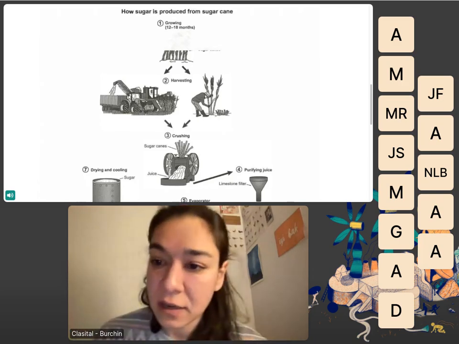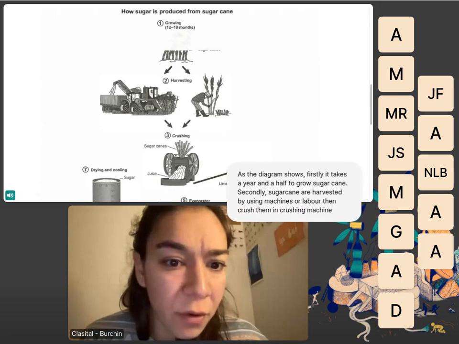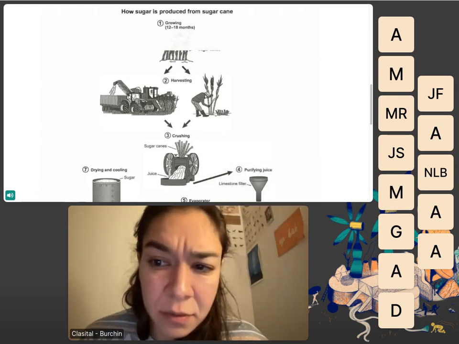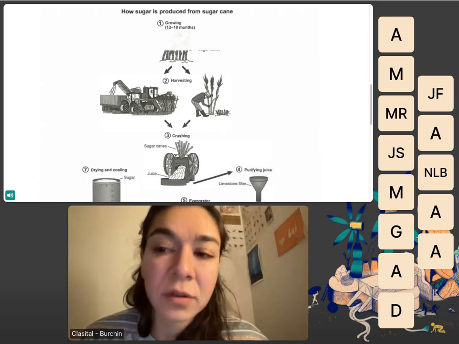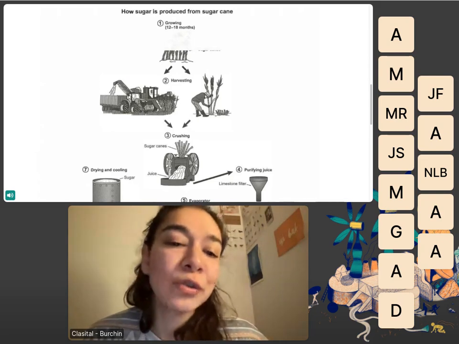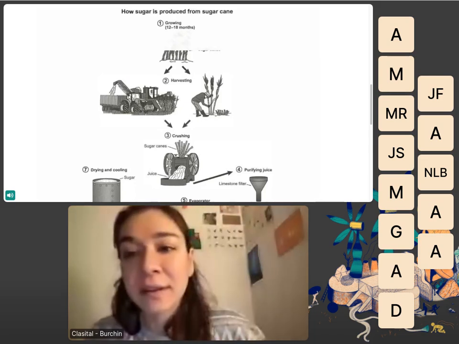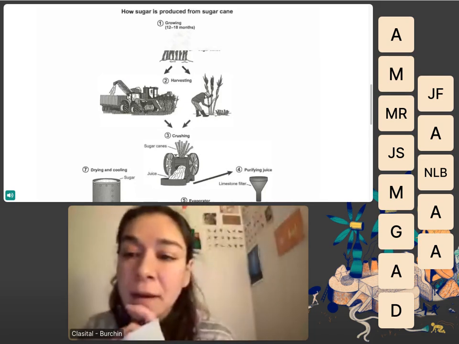Use more sophisticated verbs where the syrup is extracted from its raw shape. After being sugarcane goes to the process. Use the keywords. Again, use the keywords. Use the words given to you in the graph, in the diagram.